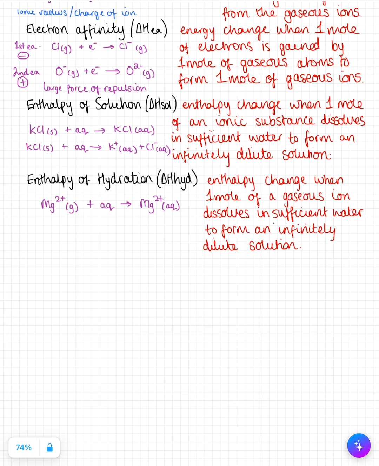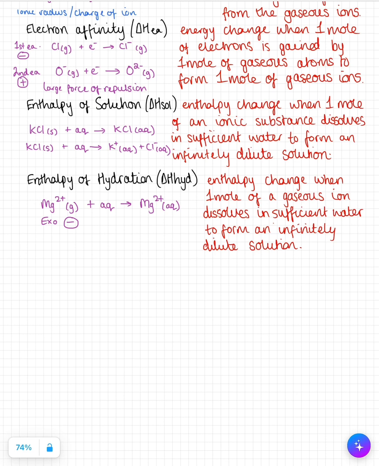Hydration enthalpies are the measure of the energy that is released when there is an attraction formed between the ions and the water molecules. Meaning hydration enthalpies are always exothermic, having a negative value due to that energy being released when there is an attraction.